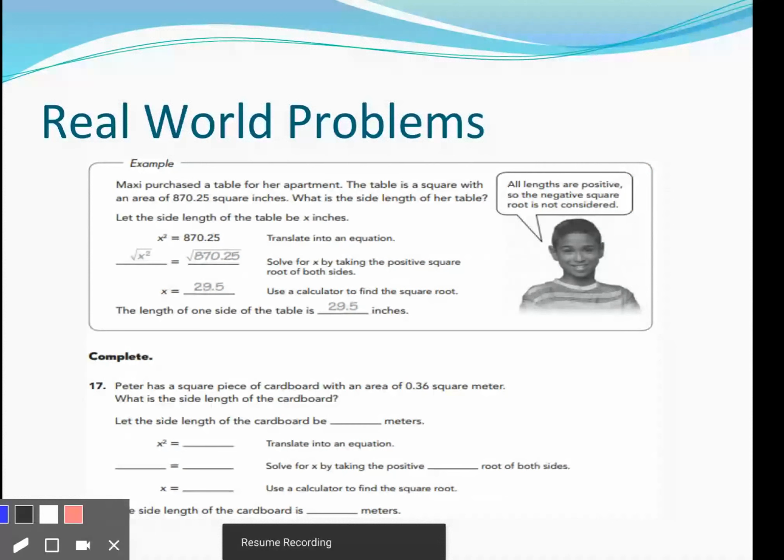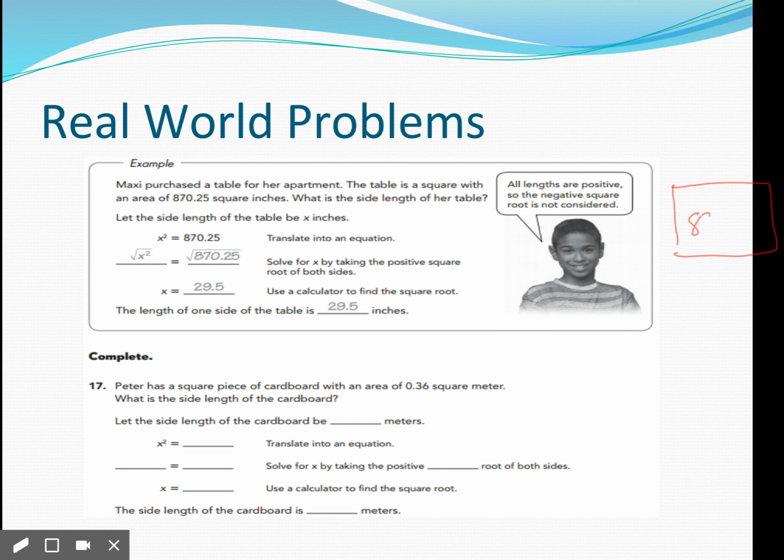And last, let's try one of these that would be classified as a real world problem. So Maxie purchased a table for her apartment. The table is a square with an area of 870.25 square inches. Remember, drawing a picture can always help. Okay, what's the side length of her table?